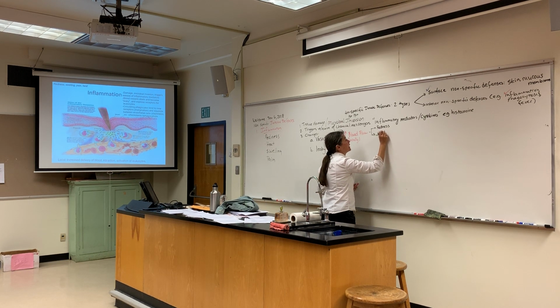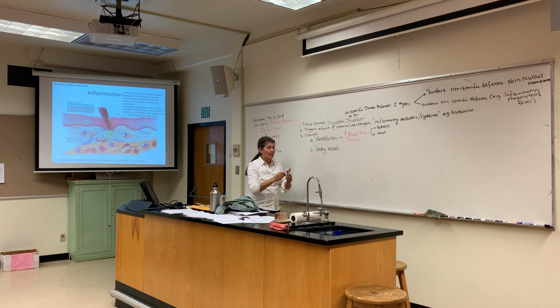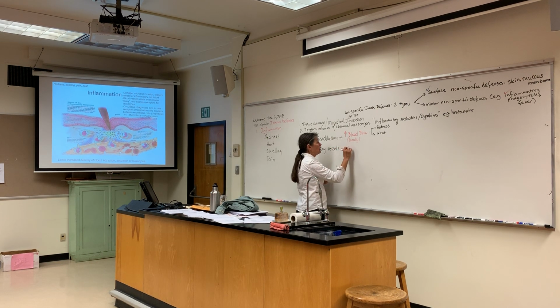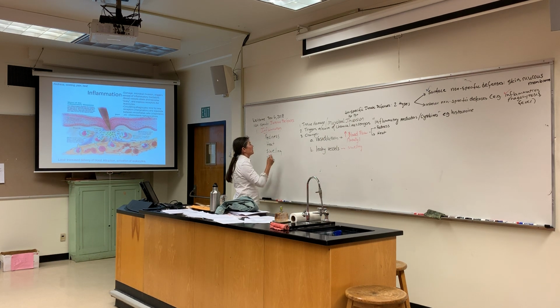And then if my vessels are getting leaky, and fluid is moving from the blood vessel lumen into the surrounding extravascular tissue, how will that appear? Swelling, right? Swelling or edema? Good. All right. So the redness and the heat are from the vasodilation. The swelling is from the leaky vessels.